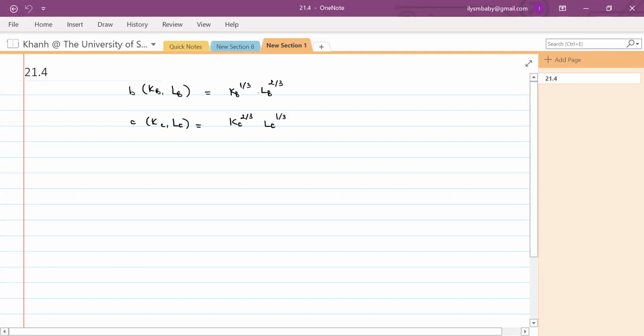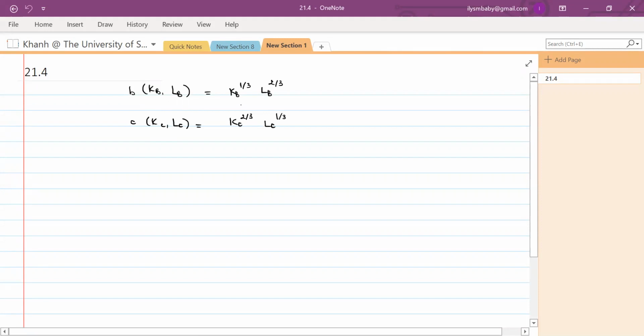Here it's exactly the same problem, where the firms are given a certain amount of capital and labor to begin with, and they try to find the optimal amount of labor and capital they would like to use in order to produce a maximum amount of B and C following their production function.